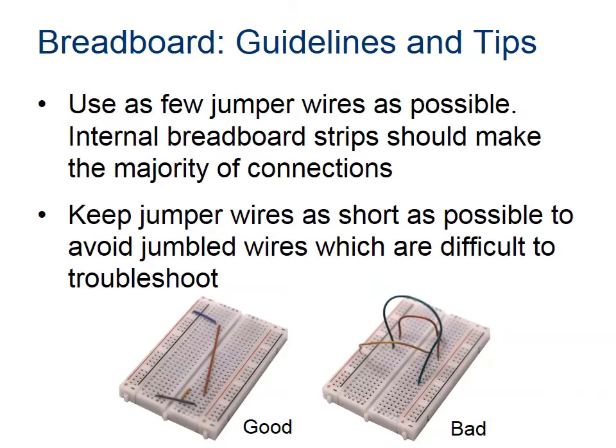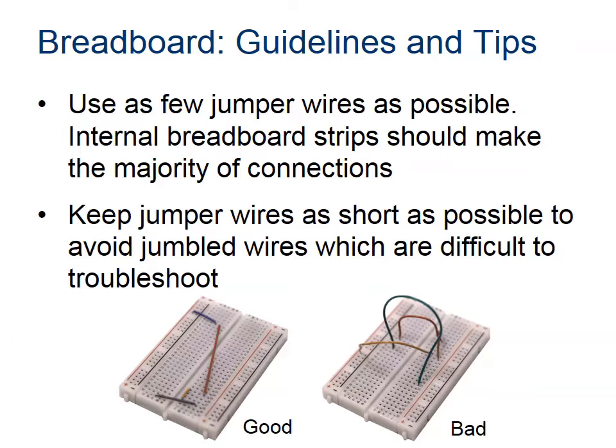Let's talk a little bit about some guidelines and tips and best practices. Here you see on the bottom what's labeled a good and bad wiring scheme. The wires that you see there are called jumpers or jumper wires, and we will be using those a lot in class.